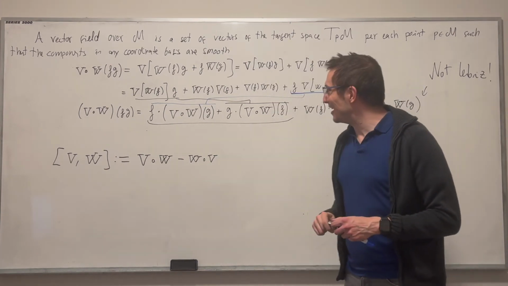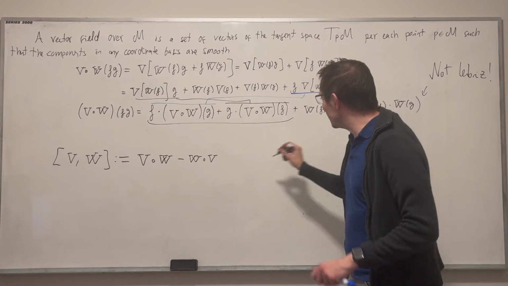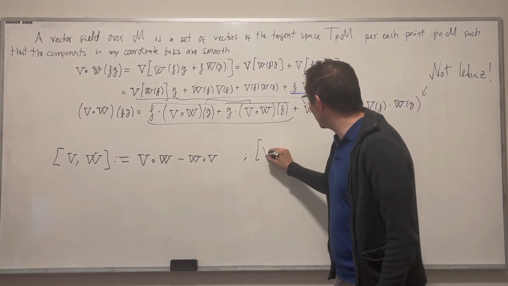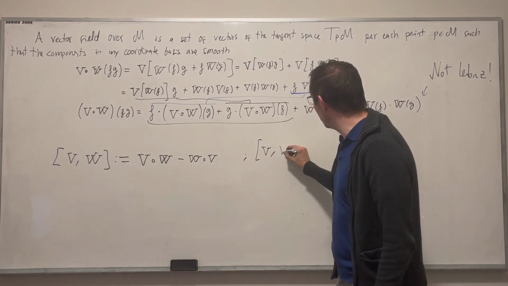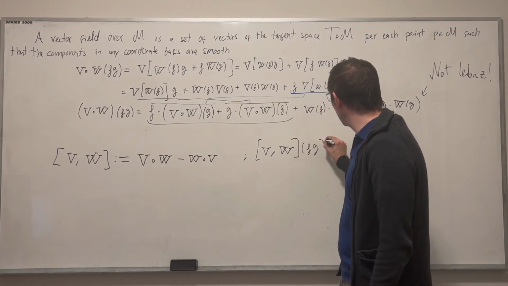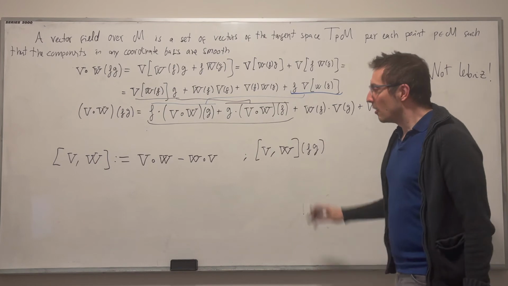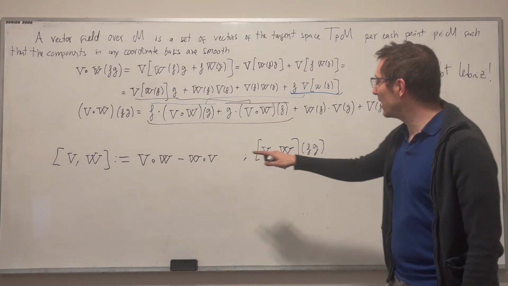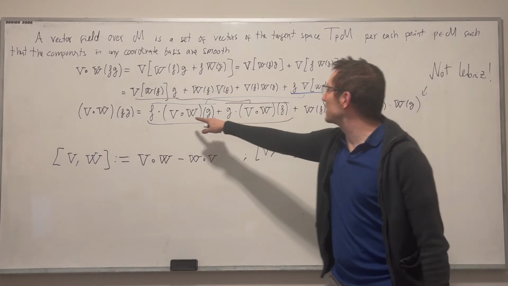This is particularly nice because if I now apply the bracket of v, w to the product f times g, what do I get? Well, first of all, I would get something very similar to this.